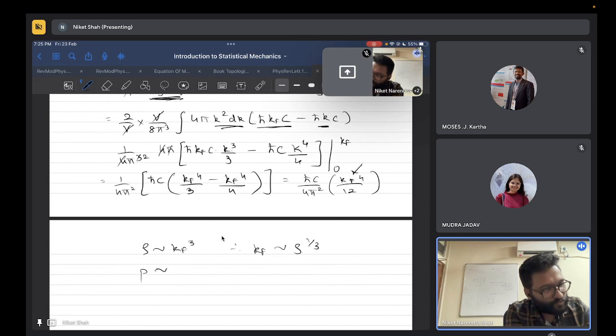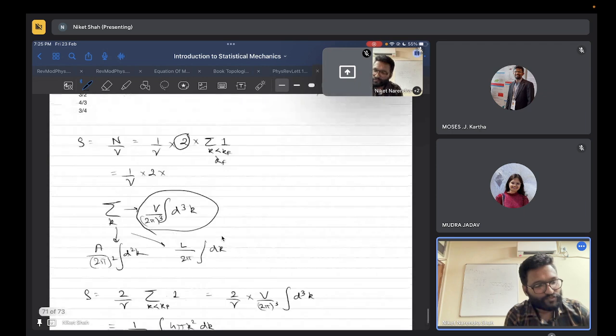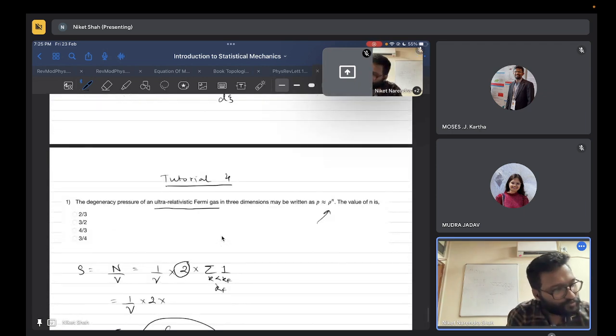Pressure is of the order of kf raised to the power 4. Therefore, pressure is of the order of rho raised to the power of 4 by 3. And that's the answer to my first question. The degeneracy pressure of an ultra-relativistic Fermi gas in 3 dimensions may be written as P, a function of rho raised to power n. What is the value of n? The value of n is 4 by 3.